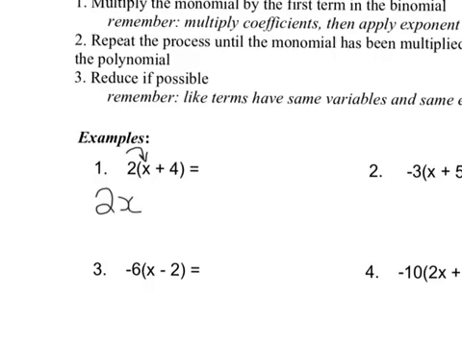And then I need to take the 2 and multiply it by the 4. 2 times 4 is 8. And keep in mind that's a positive 8, so that means that the sign here is going to be plus 8. If we were multiplying by a negative, it would be subtract 8. So 2 times x plus 4 is actually 2x plus 8 when we use distributive property, when we multiply.